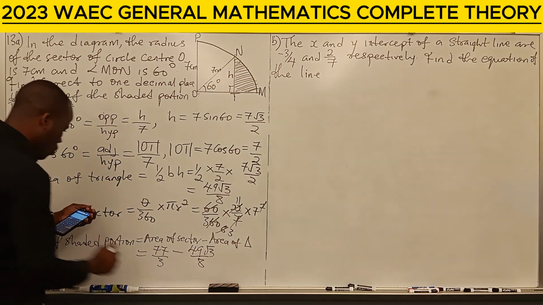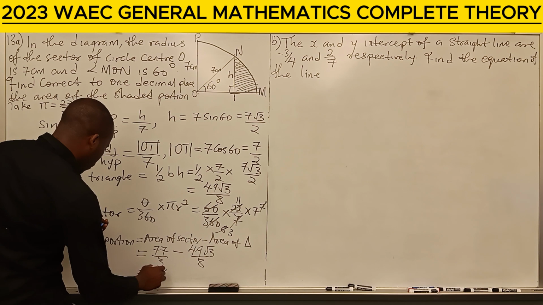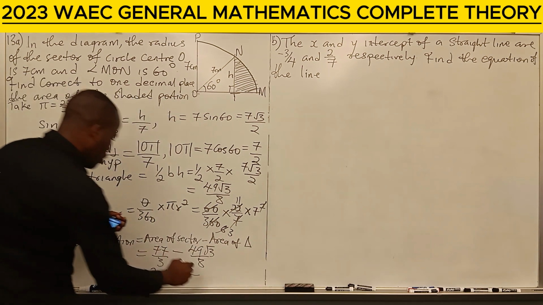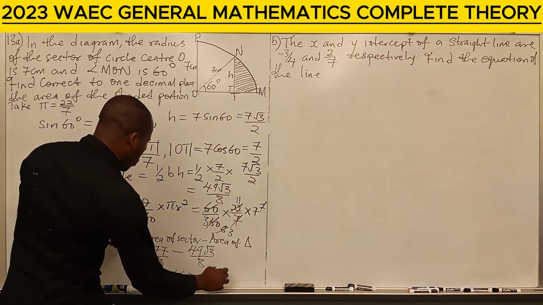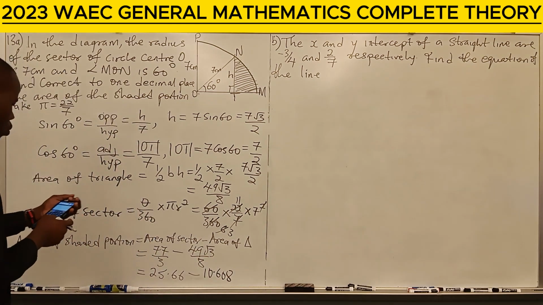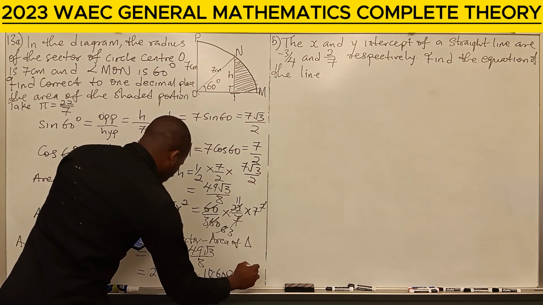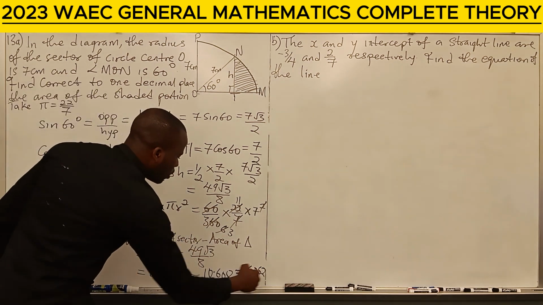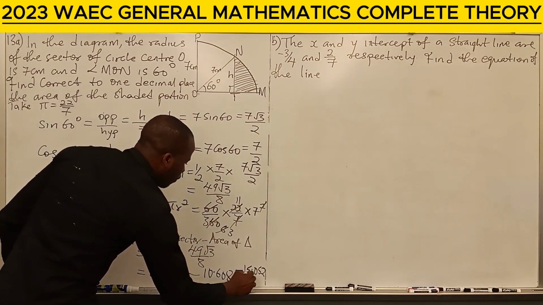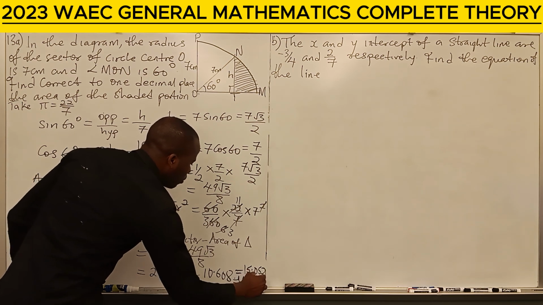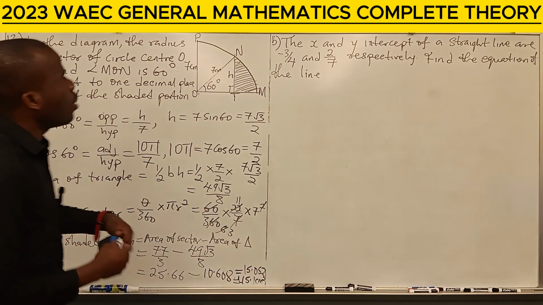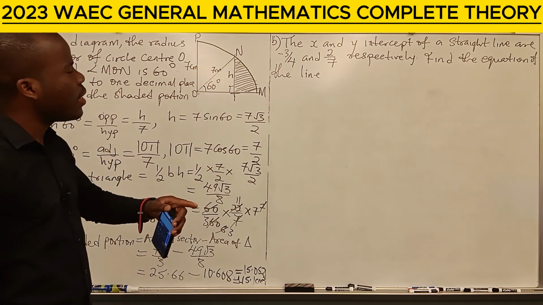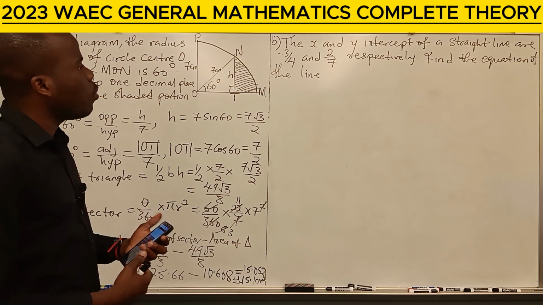If we divide this, we will have 25.66. If we do this, we'll have 10.608. So this will be 15.052, and so to one decimal place, this is approximately 15.1 centimeter square.